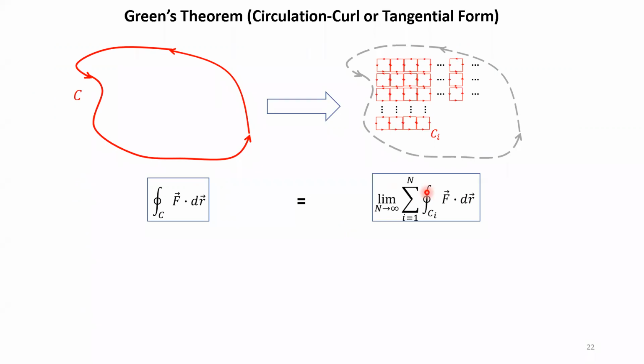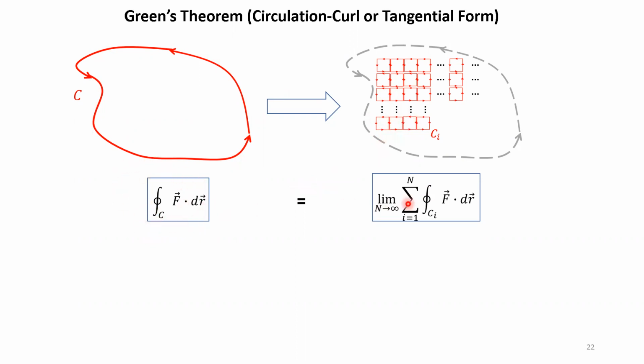So then the argument is that the line integral over the entire big loop is the same as the sum of the line integrals over every tiny little loop in this region.